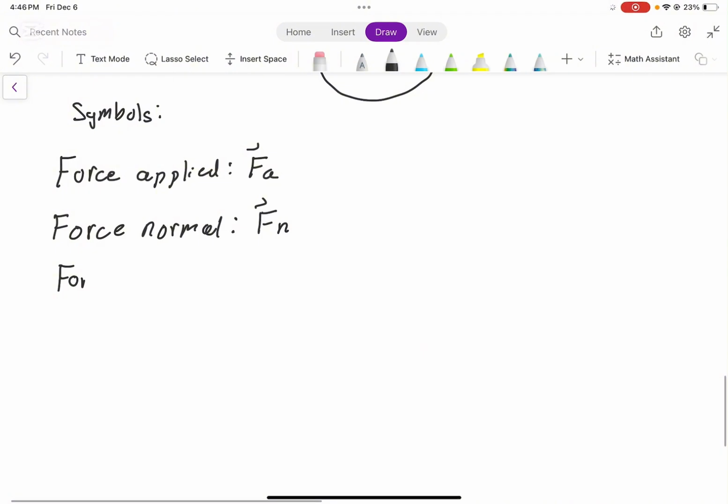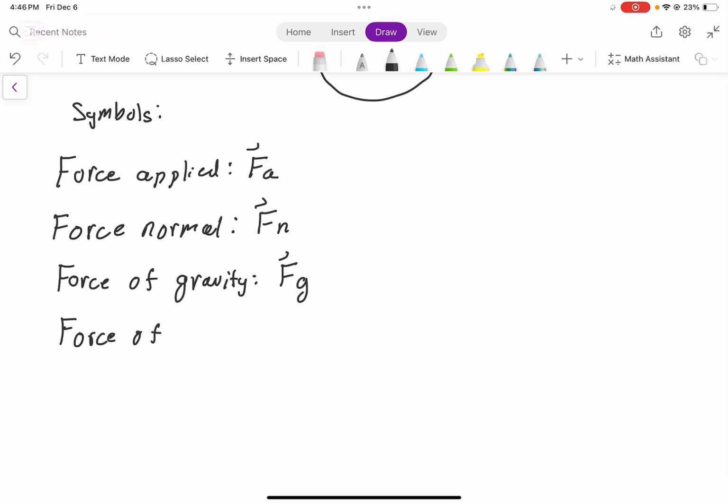For force of gravity, you typically have Fg. And when you're talking about force of friction, you have Ff.